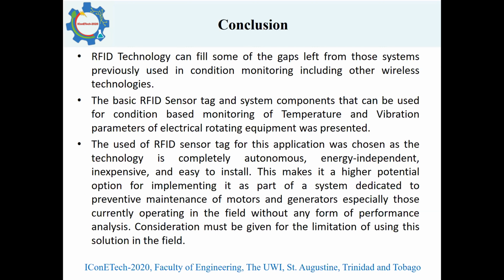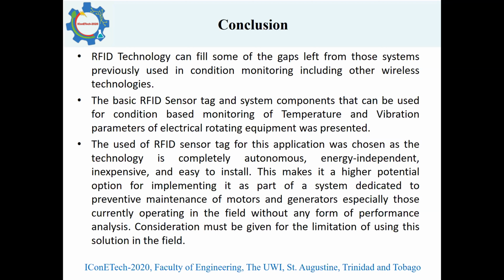In conclusion, RFID technology can fill the gaps of those systems previously used in condition monitoring, including other wireless technology. The basic RFID sensor tag and system components can be used for temperature and vibration of rotating equipment.